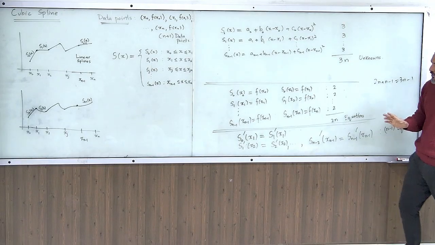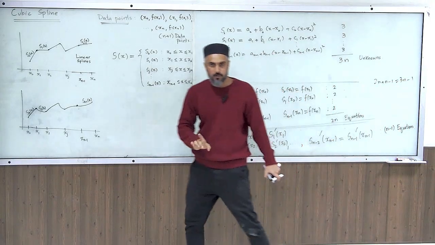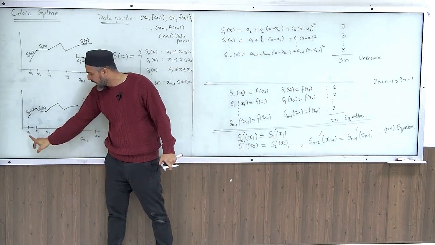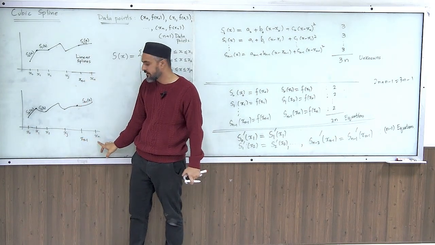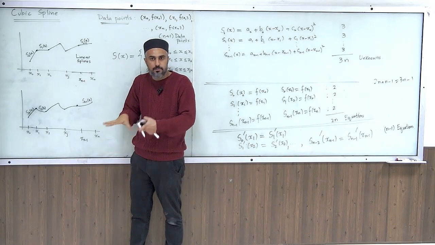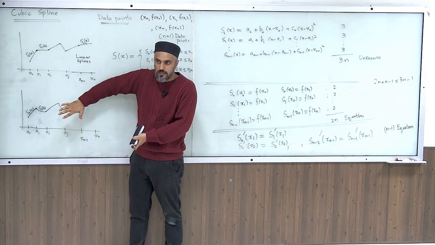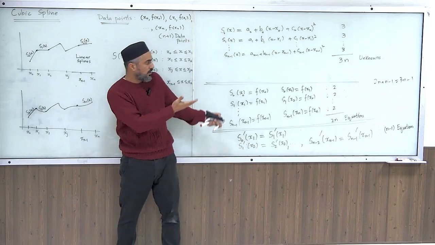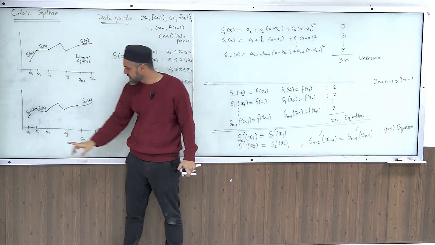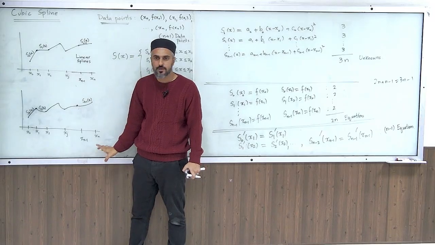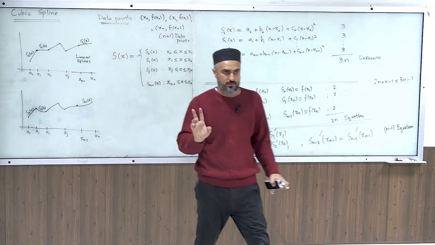There is a problem: at this endpoint or at that endpoint I need to impose some condition to find that one equation. But if I impose a condition at only one endpoint, it will be one-sided information.